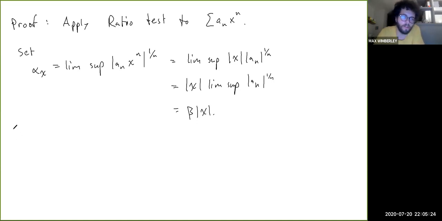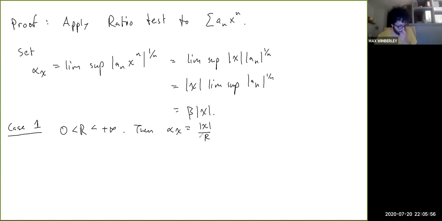So case 1, let's say 0 is less than r. Remember, r is just 1 over beta, so if 0 is less than r, less than plus infinity, then beta is also between 0 and plus infinity. Then alpha of x is absolute value of x over r.